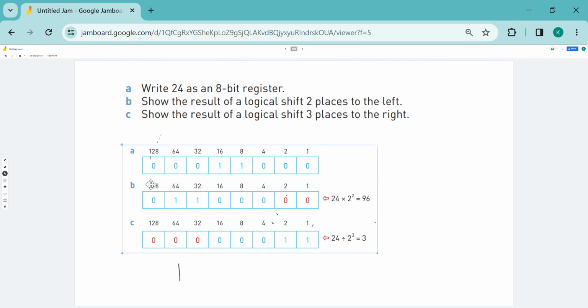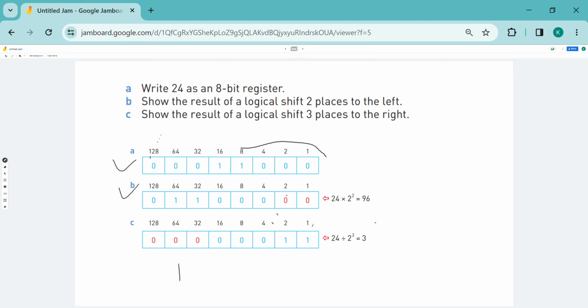Yes, students, what we did in our previous example, we have solved this, and now we are shifting it 3 places to the right. You can see it's very clear. We are going to shift 3 places to the right. Here we have the number 1, right? We need to shift this number.